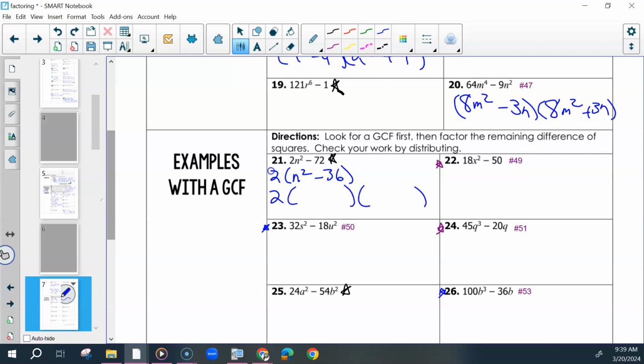What would those 2 factors be? n minus 6 and n plus 6. So when you have a GCF and difference of squares, you're going to have both pieces: the 2 factors from difference of squares and the GCF on the outside. You have to factor these completely, otherwise they're not simplified. Questions there?